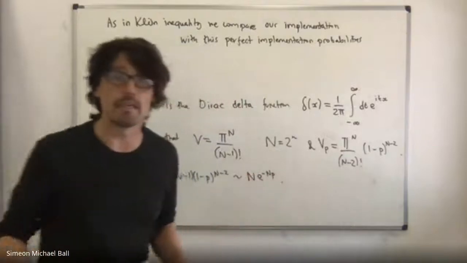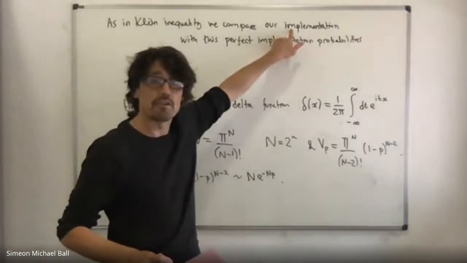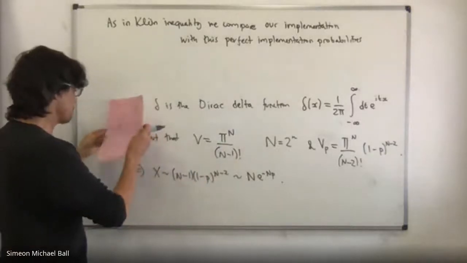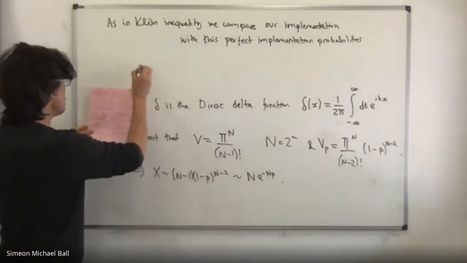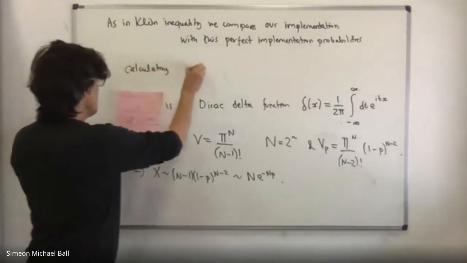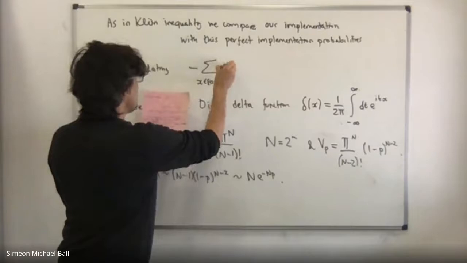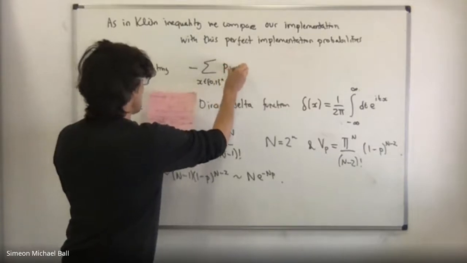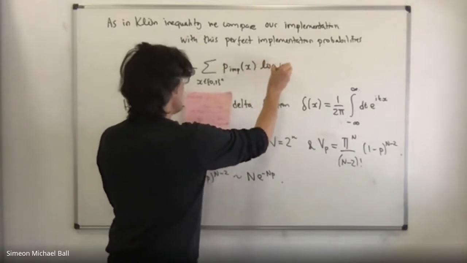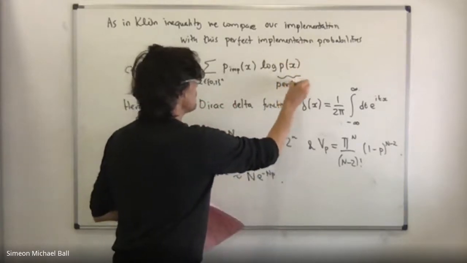Now, the only slight problem here is that our implementations give us a discrete random variable, and this one gives us a continuous one. So you have to make some approximations. But the idea is you calculate minus the sum over x in {0,1}^n of this, which would be what we get from our implementation, times log p of x, which is our perfect implementation.